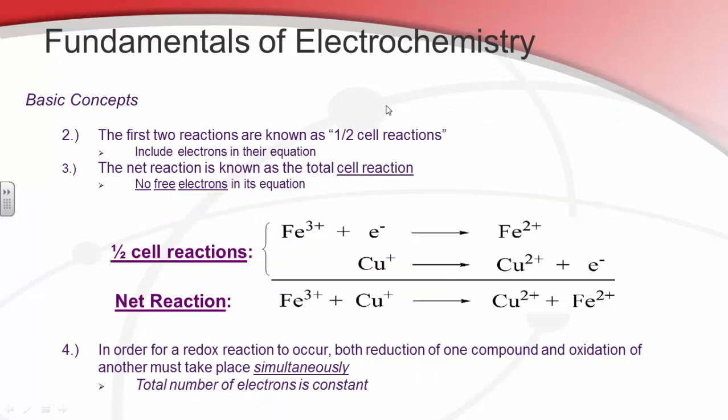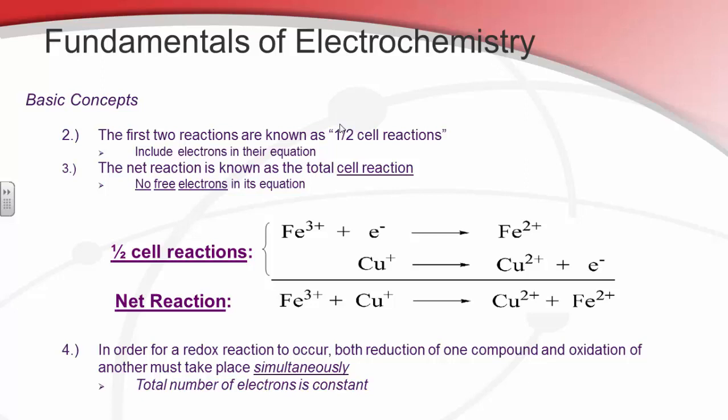Okay, and we will spend some time later talking about those two reactions as half-cell reactions. Each one is half of the overall reaction. What's useful about those half reactions is that they include the electrons in their equation. The net reaction is what we observe at the macroscopic level, and we won't see electrons in that overall equation.